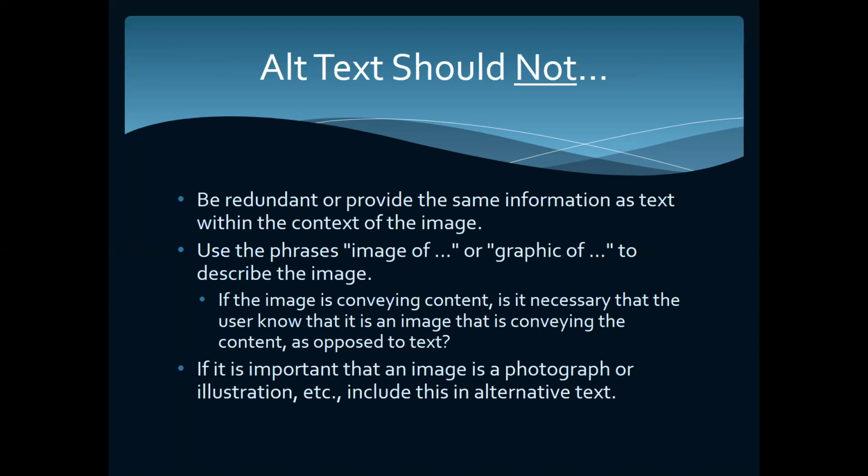So it will say something like image and then read the alt text that's been provided for the image. So if you describe an image as image of a dog or a picture of a cat, the screen reader will say something like image, image of a dog, or image, picture of a cat. Those words, image of or picture of, are just redundant and unnecessary.